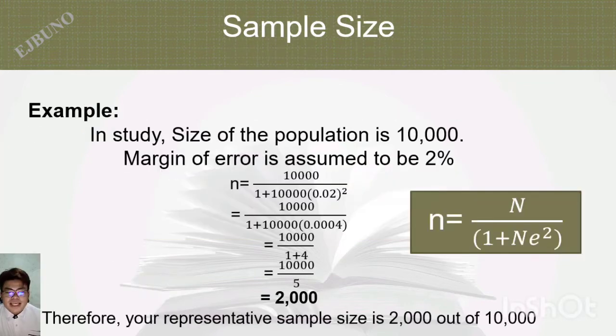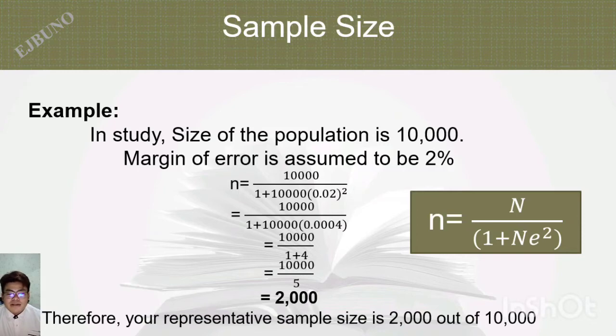For example, in a study, the size of the population is 10,000. The margin of error is assumed to be 2%. So using Slovin's formula, n equals 10,000 over 1 plus 10,000 times 0.02 squared.